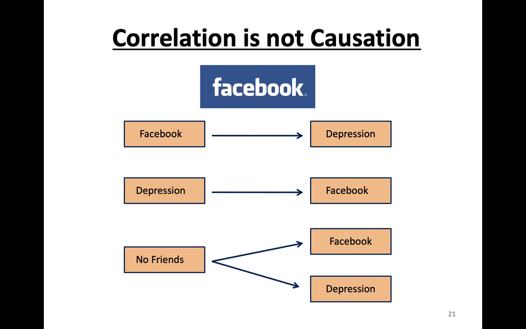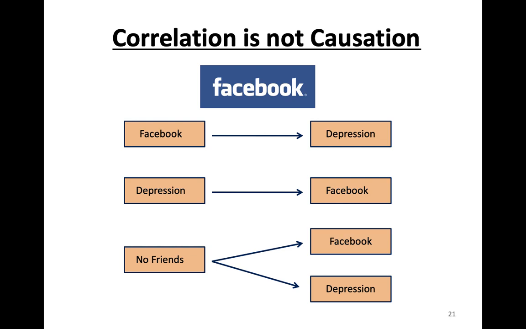And also, here's the other reason, there are other confounding variables that we can't rule out, because we don't have an experiment and we're not randomly assigning to condition, we have confounding variables. So one confounding variable, which is also known as a third variable, could be whether or not people have a strong friendship network.